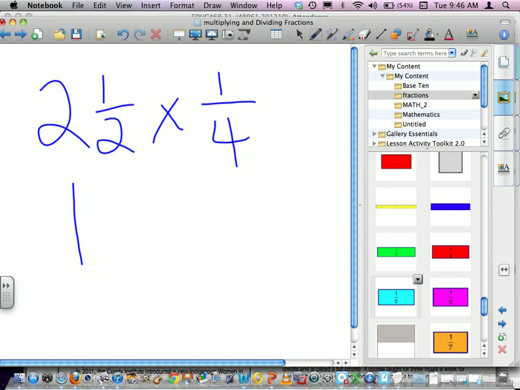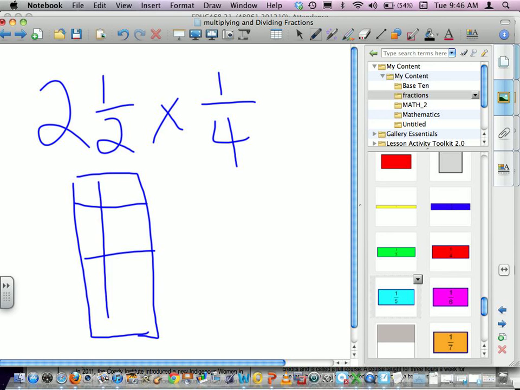It would be a long, okay, so I'd have 2.5. My 1/4 is very fat. Let's make it more like this. We can erase the rest.